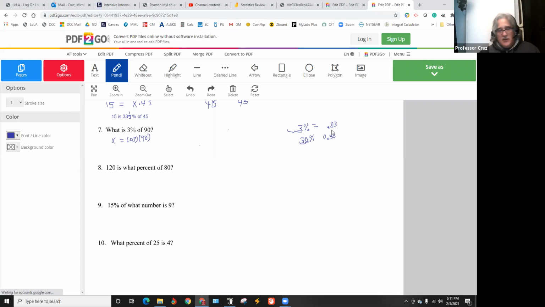I don't have any receipts on me, but I'm pretty sure that they still do that. That means 3 cents. 3%. 3 cents is 3 parts of that 100. So our dollar, in a sense, works just like the percents, but it's got to be written in the decimal form.